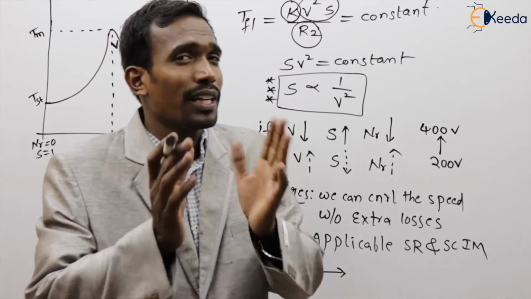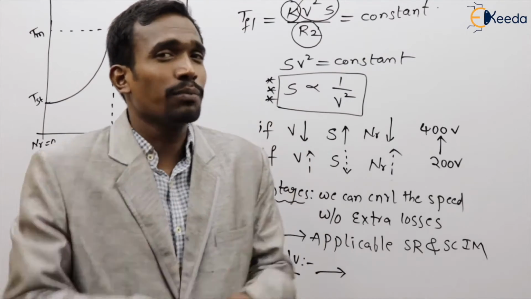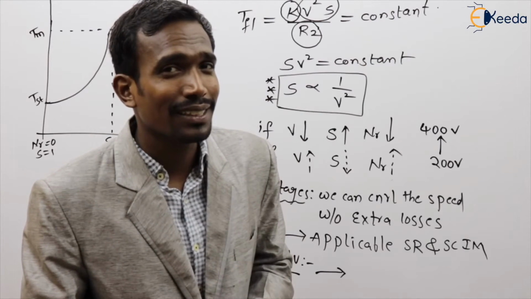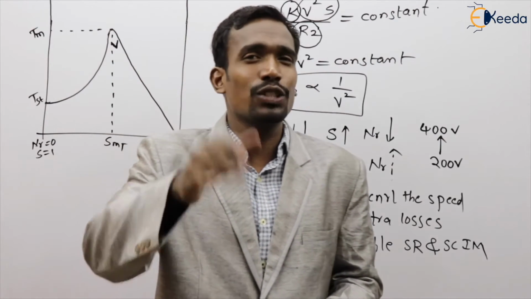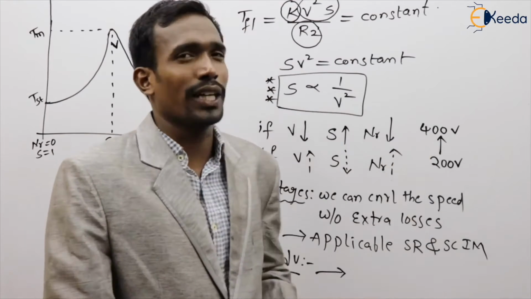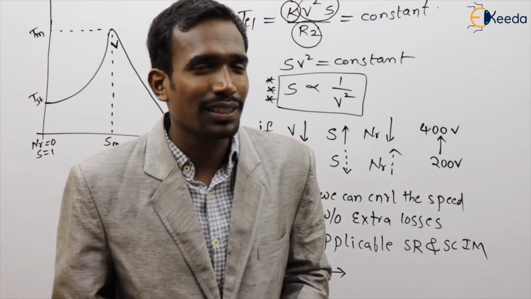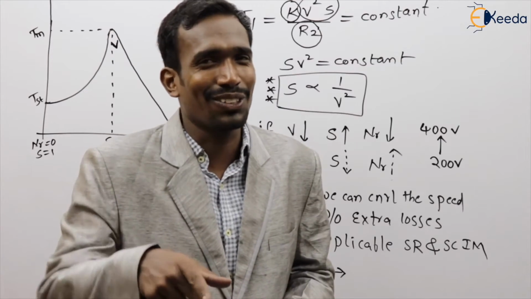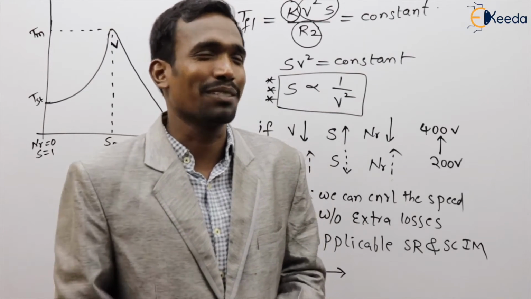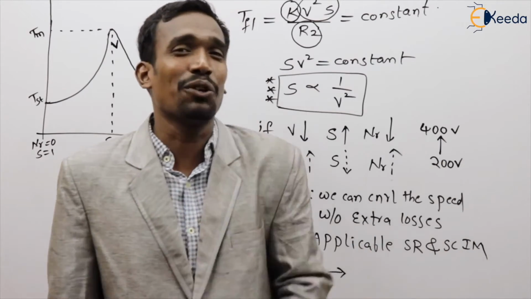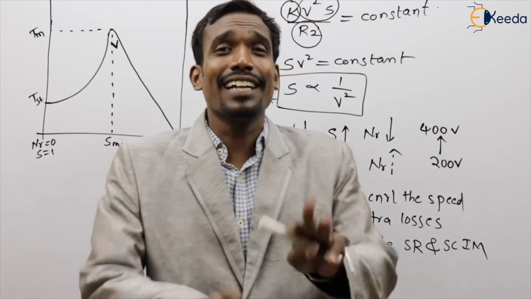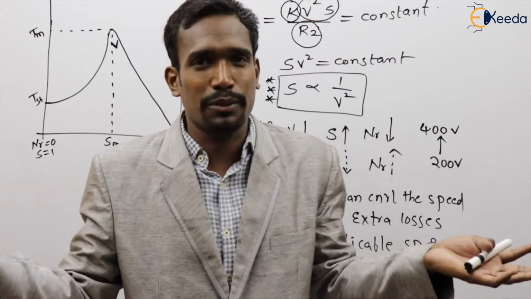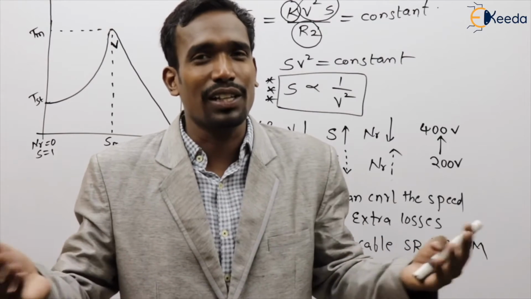For that motor, if you apply 400 volts, what happens? New machine will come in the place of the old machine, because the rating is 200 volts but you are applying 400 volts. The insulation gets damaged and the machine gets short circuited. Total machine collapses.